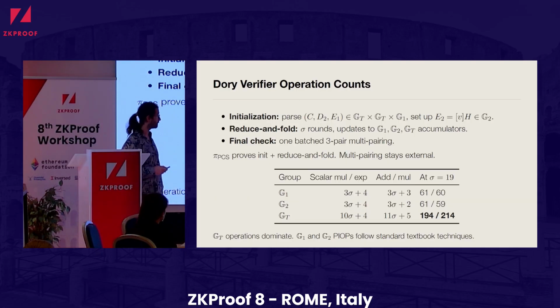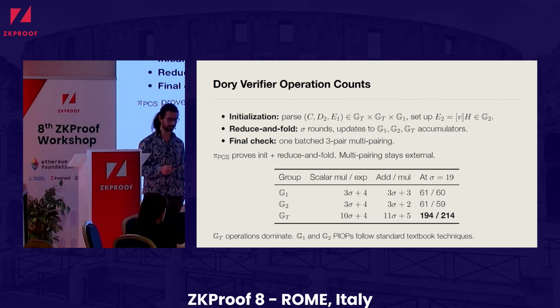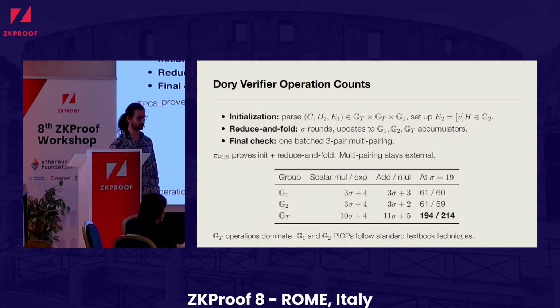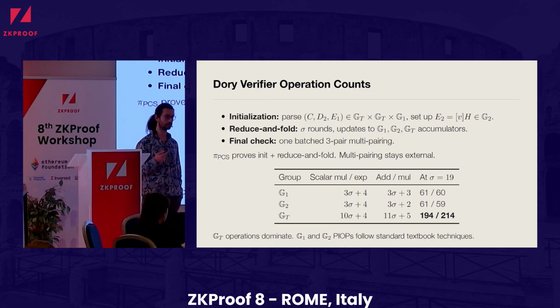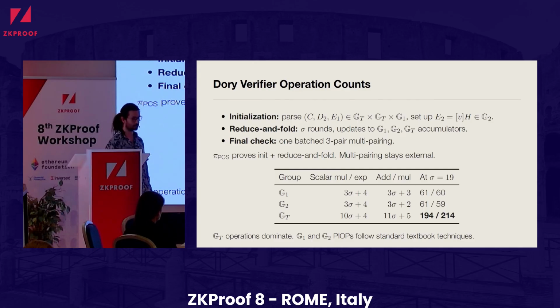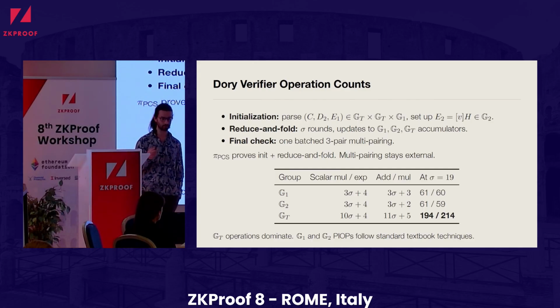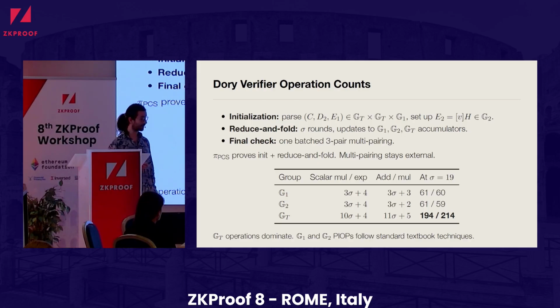To understand first the operations that the Dory verifier does, we can identify 3 phases. The first one, we get all this information from the prover, which are group elements, and then it does some operations in sigma rounds that update these accumulators, C, D1, D2, E1, E2, and so on. And then it does one final pairing check.